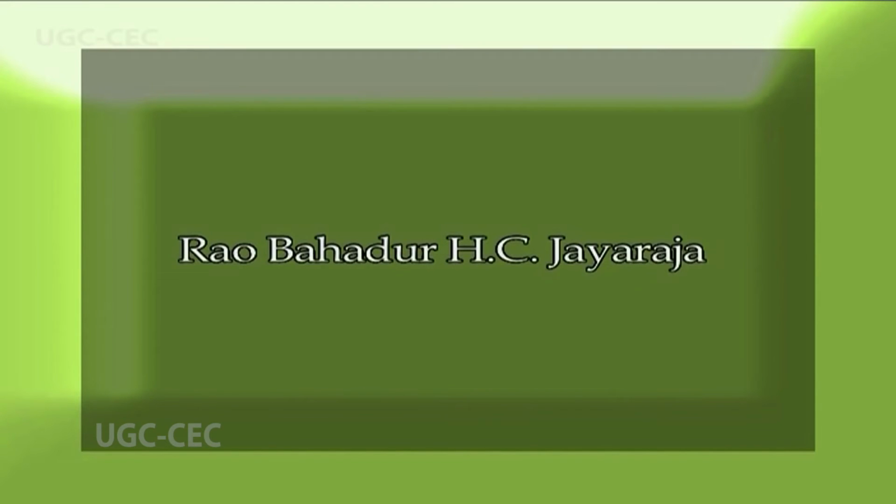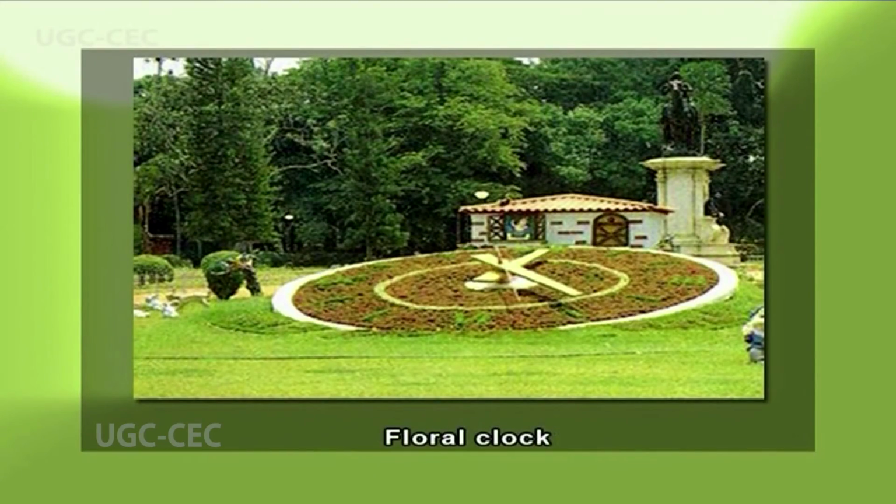Later, this garden was converted to proper botanical garden in 1856, and Rao Bahadur H.C. Jairaja was its first Indian director. The garden has 2 greenhouses. The floral clock, which has been installed in the garden in 1983, is the first of its kind in India and the second in Asia.